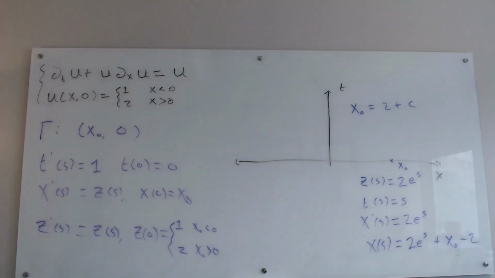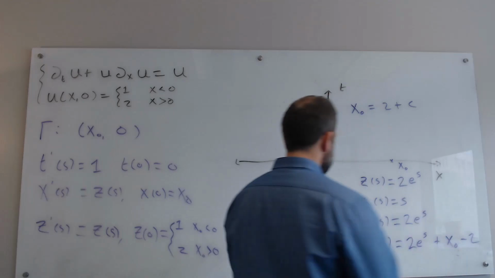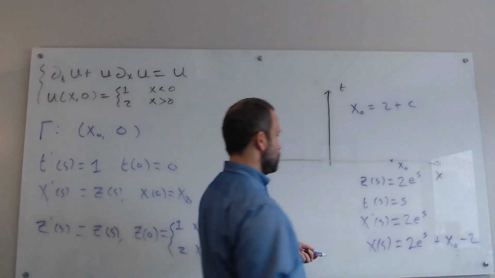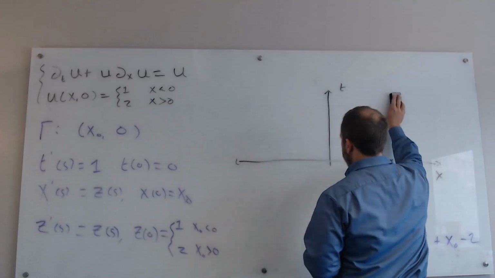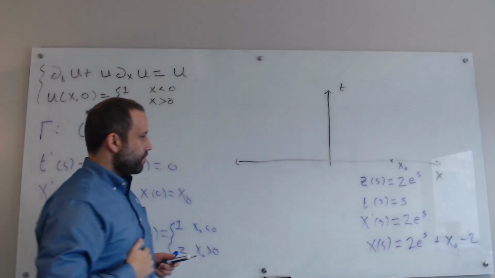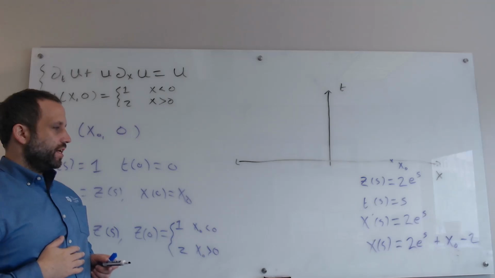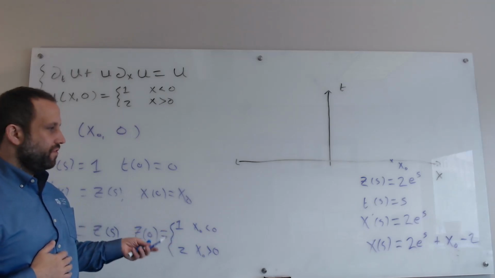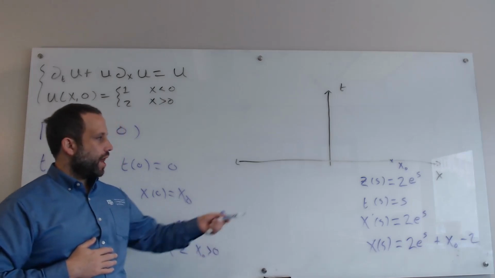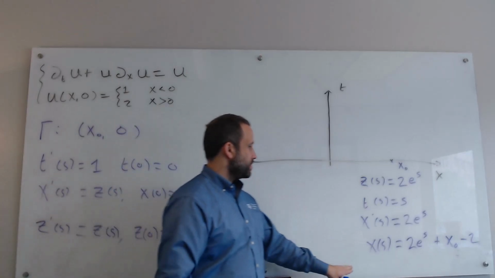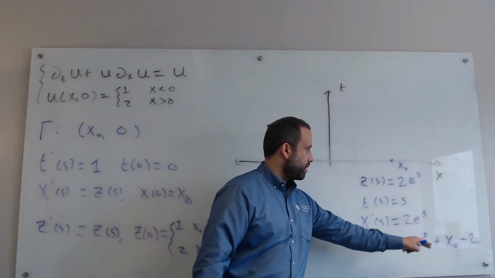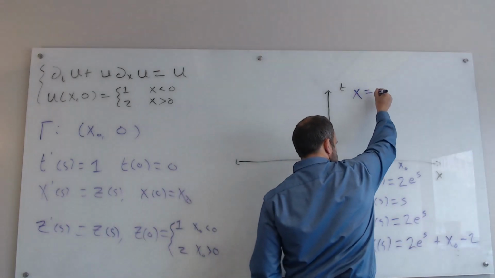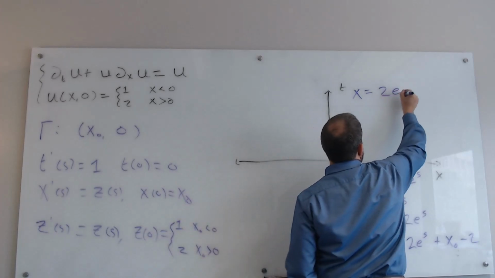Okay, and so these are going to be the characteristics over here. Now, I want to be able to sketch the characteristics. And for me, when I'm sketching a characteristic, it's easier if I think about it as the graph of a function. So here, s is equal to t, so I can think about this as x equals 2e to the t plus x naught minus 2.